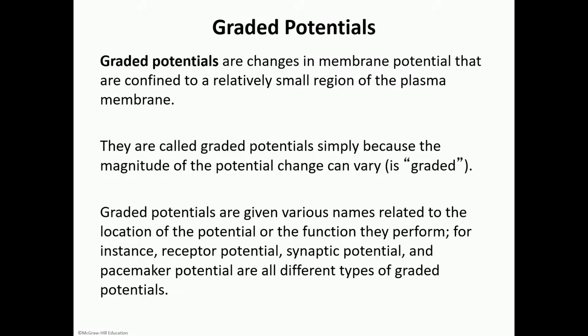A synapse, as we know from the first portion of this chapter, is where a nerve meets something else. In the area of the synapse, there is the ability to make electricity pretty much out of nothing. That ability is known as synaptic potential.